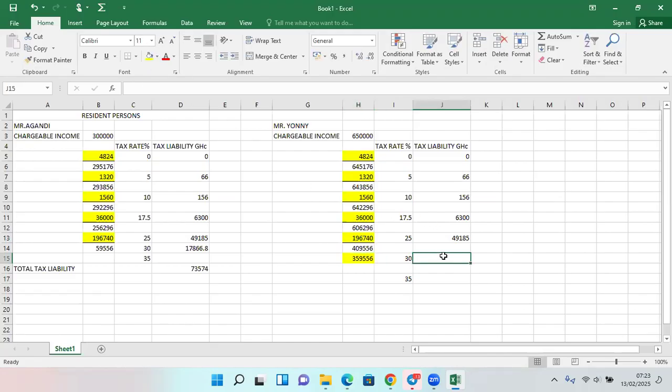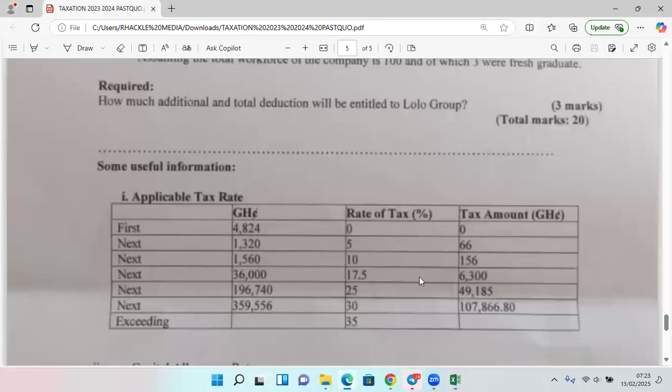And we apply the percentage on it. Or you can choose to copy the same thing that was in the schedule, because when you check the schedule, you've done some calculations. So you can choose to copy up to where you think that this thing will reach, and the next one you calculate it yourself. Because you see here, the amounts are also here.